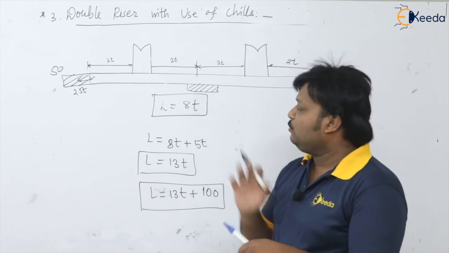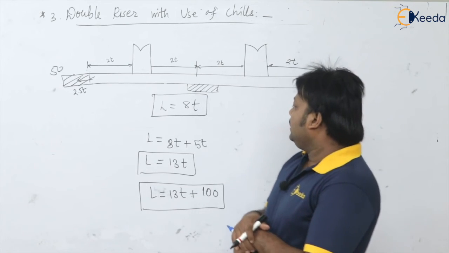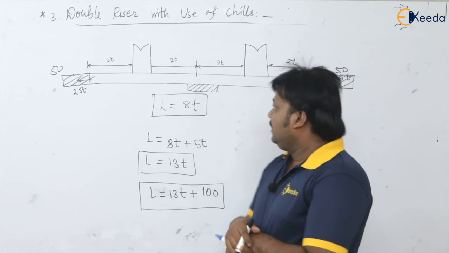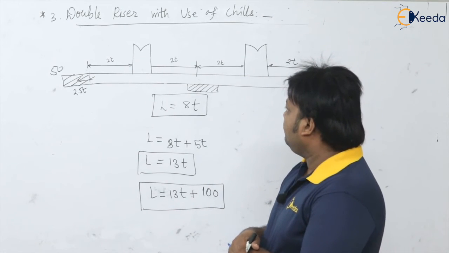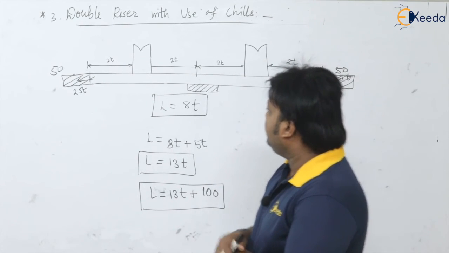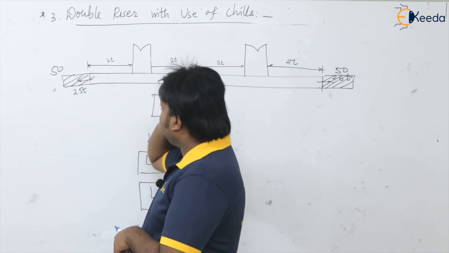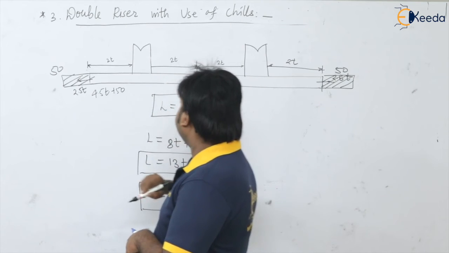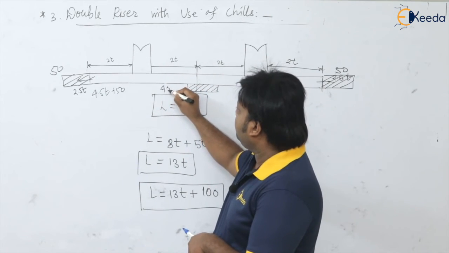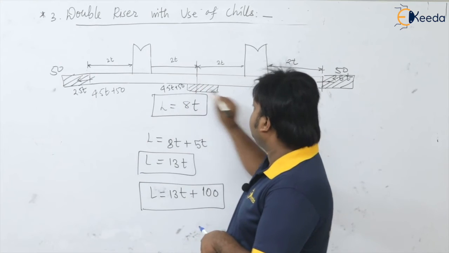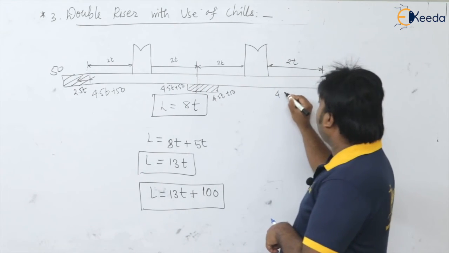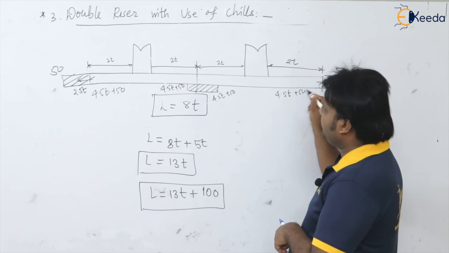So whenever 2 risers are there, we can think of the central chill also. If you have the central chill, what will be the total distance that can be fed? I can directly write here, this is 4.5T plus 50, again this is 4.5T plus 50 for the chill, 4.5T plus 50, this is 4.5T plus 50.